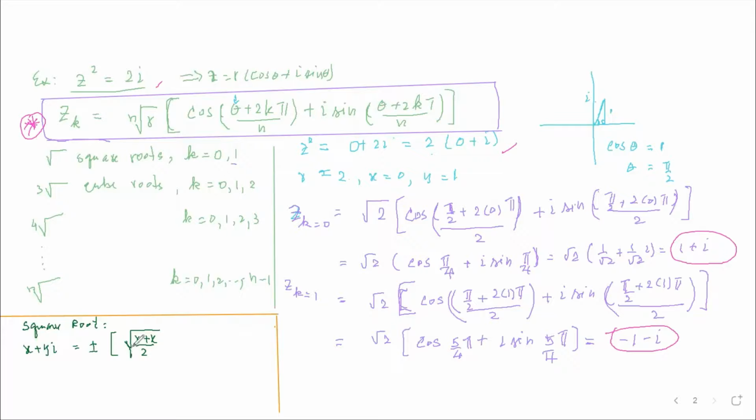The square root goes along with power 2, okay, and plus square root of (r minus x) over 2, but this term is with i. This is r, okay, this is r. This is an x, this is a y.